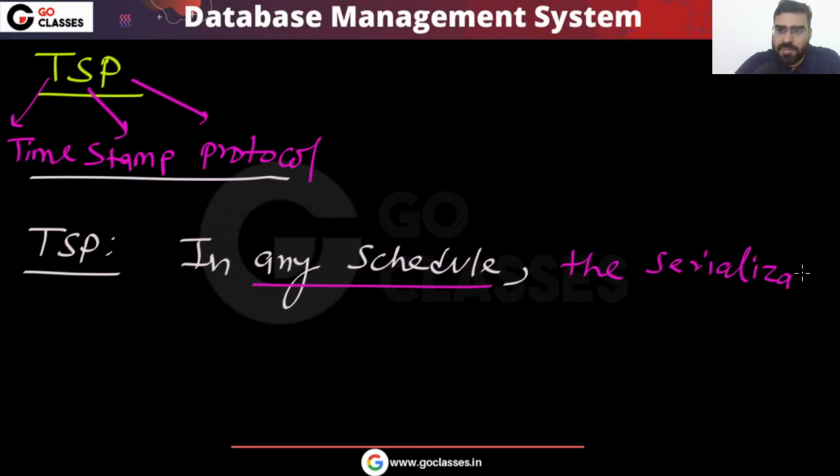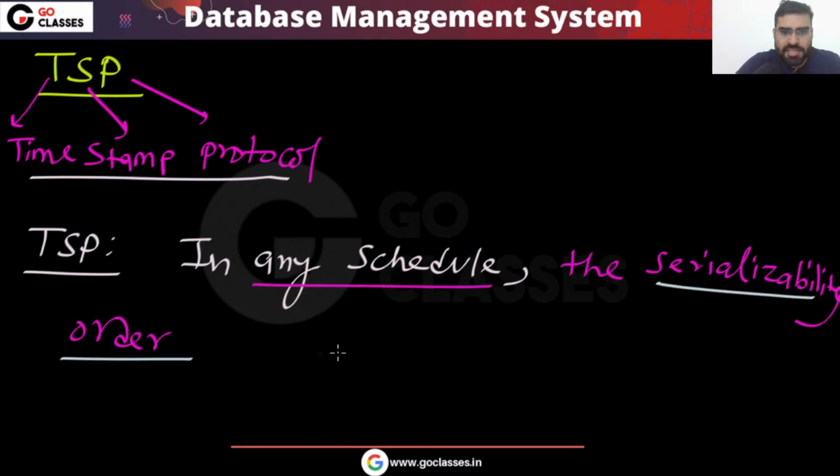This serializability order, what does that mean? Serializability order means your equivalent serial schedules, correct? So the equivalent serial schedule is pre-decided, already decided.